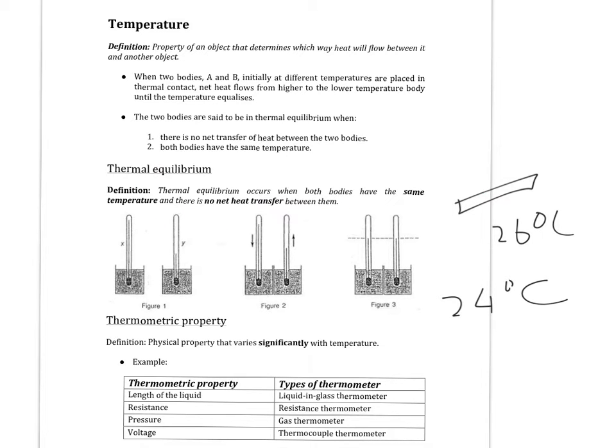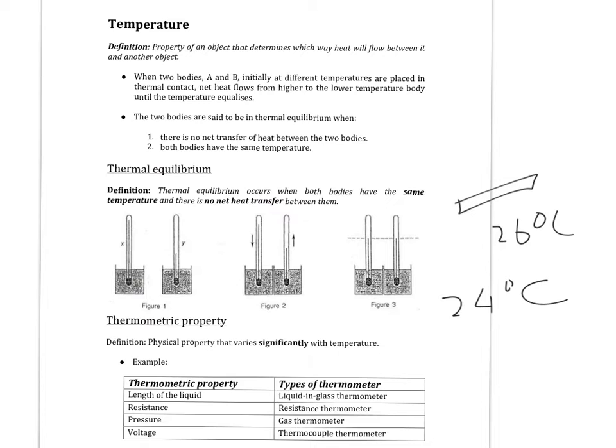So why do they use the word net heat transfer rather than just heat transfer? It is because heat flow is a dynamic process. Even at thermal equilibrium, heat flow doesn't actually stop. What happens actually in the beginning is that the rate of heat flow from x to y is higher than the heat flow from y to x.